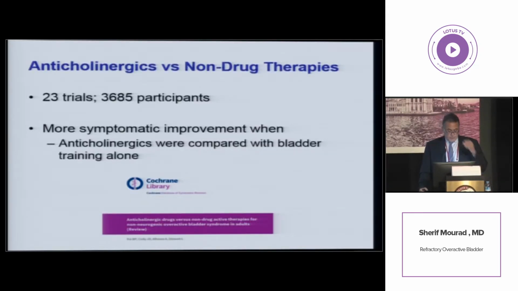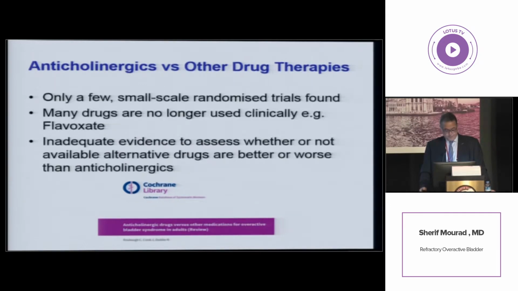This, again, is a Cochrane review showing the trials for anticholinergics versus non-drug therapies, and you can see that anticholinergics were compared with bladder training alone, and there is definitely more symptomatic improvement with them. Comparing anticholinergics versus other drug therapies, only few small-scale randomized trials were found. Many drugs are no longer used, for example flavoxate.